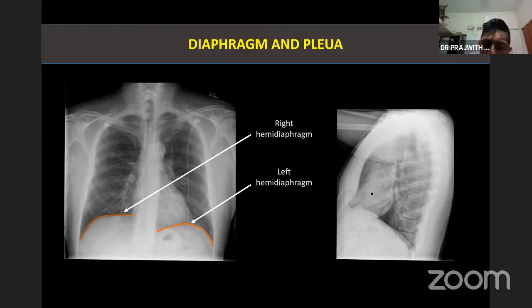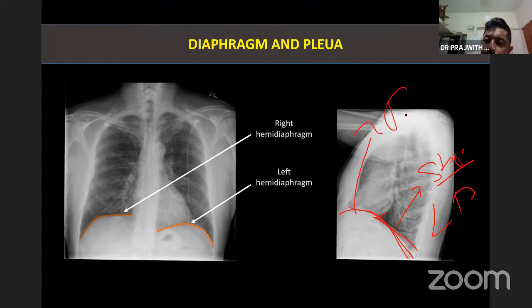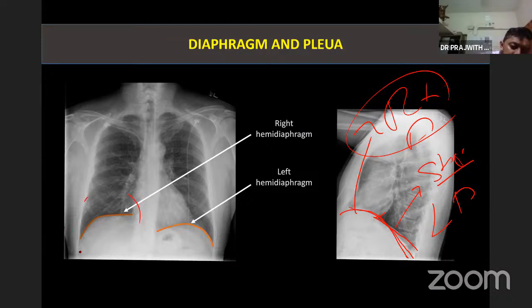But we can see one diaphragm which is continuous from anterior to posterior, and the other diaphragm which stops at the level of the heart. Remember that whatever stops at the level of the heart is the left diaphragm. Whichever is continuous from anterior to posterior is the right diaphragm. So these are the two diaphragms that we are seeing in this image, and similarly right and left are seen in the case of an AP view as well.